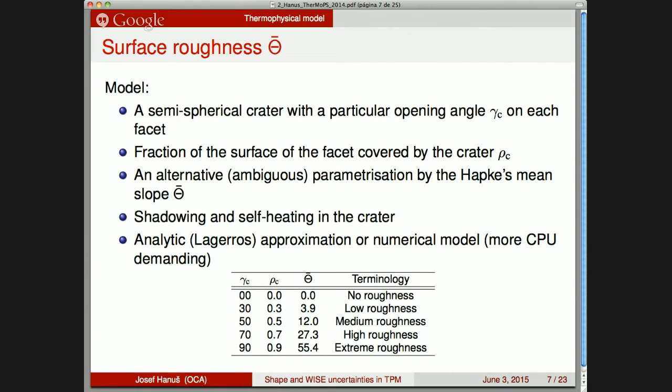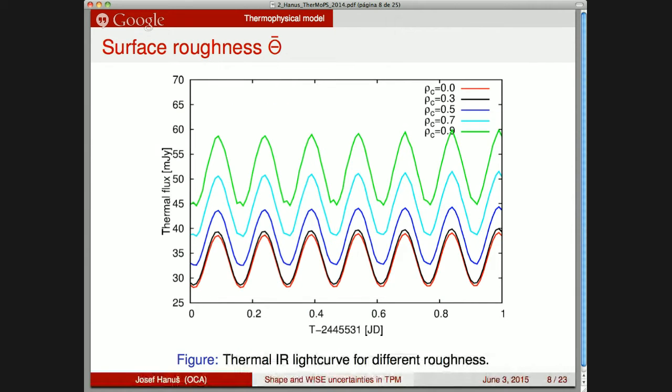And the effect of the surface roughness is basically the opposite to the effect of the thermal inertia. If we increase surface roughness, we increase the flux.